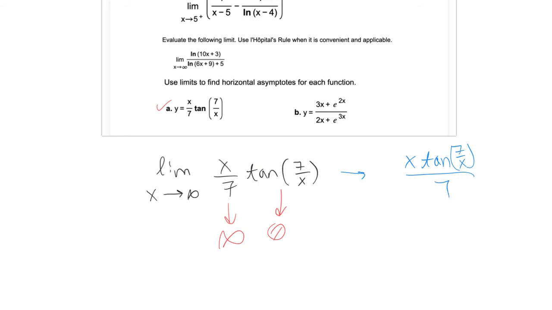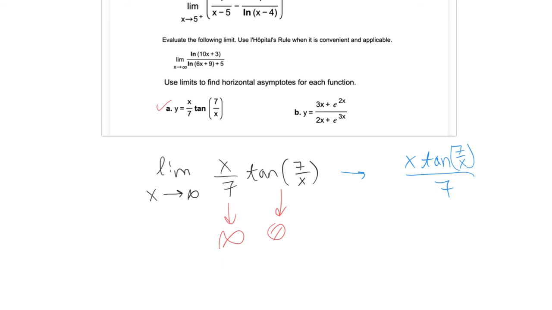And we can say that that's over 7, but the problem is we don't have a function down here. So typically you're going to want a function over another function before applying L'Hopital's rule. So 7, the reason I'm not calling it a function is because it doesn't have x. You want a function that features x down here and a function that features x down here.